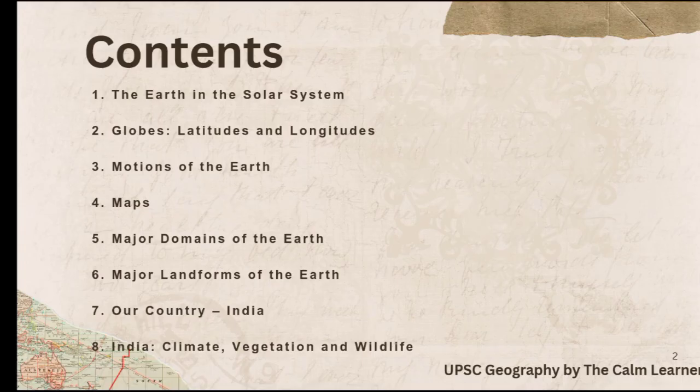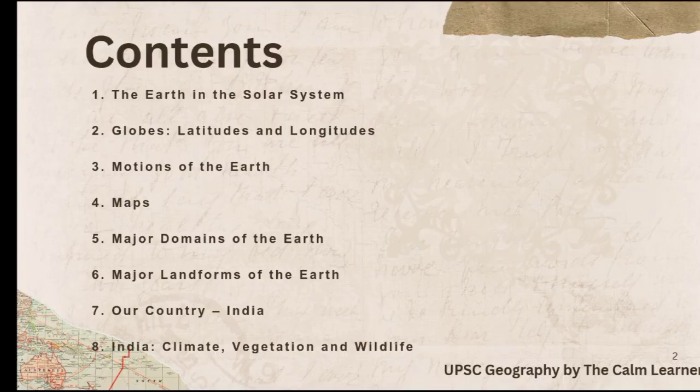Before we begin with chapter 1 in detail, let us first take a quick overview of the contents of class 6 Geography. This book is titled The Earth Our Habitat, and it helps us understand the Earth, its surface, and the people living on it. In this book, we will study topics like the Earth and the solar system, major landforms such as mountains, plains, and plateaus, different types of climates and vegetation, oceans and water bodies, and finally, how humans interact with their environment.